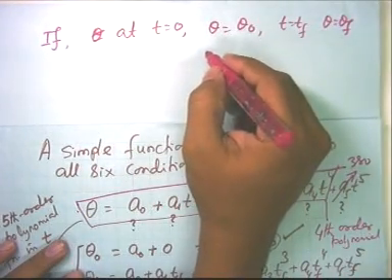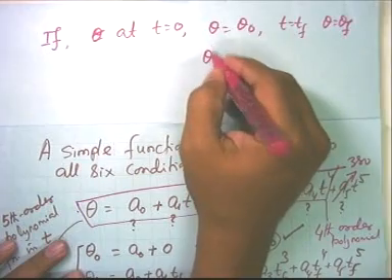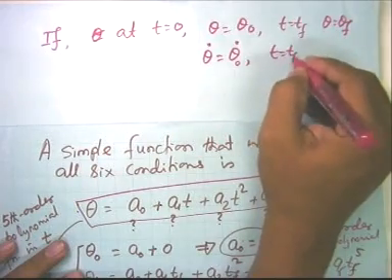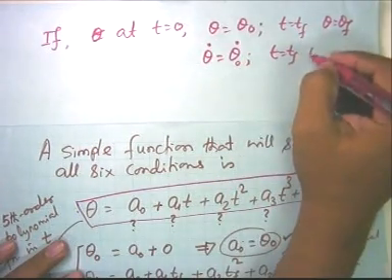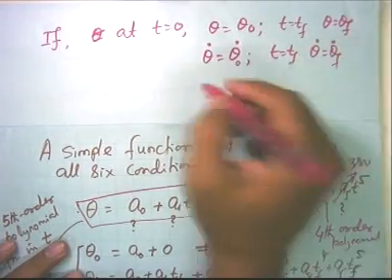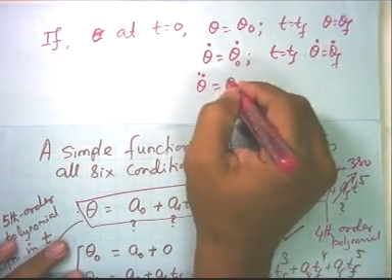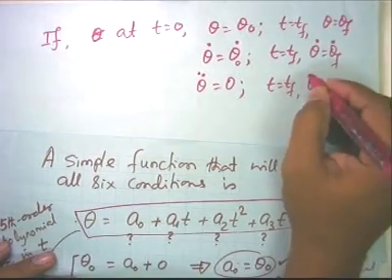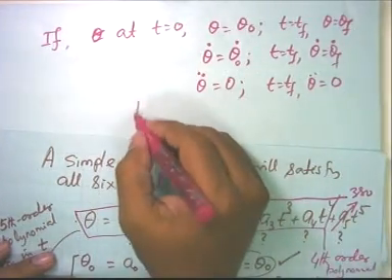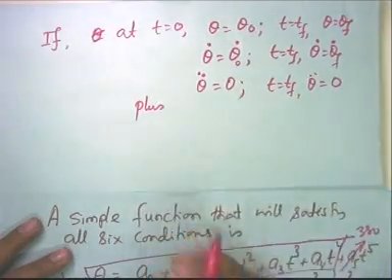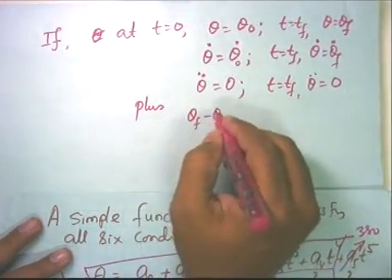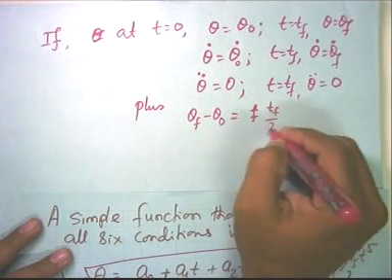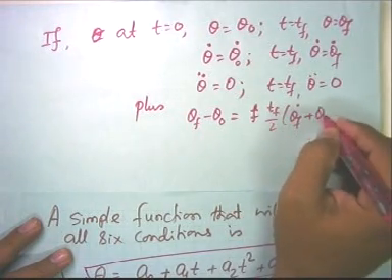then you have theta dot is equal to theta 0 dot. At t equal to T f, theta dot is equal to theta f dot, theta double dot is equal to 0 at t equal to 0. At t equal to T f, theta double dot is equal to 0, plus theta f minus theta 0 is equal to T f by 2 times theta f dot plus theta 0 dot.